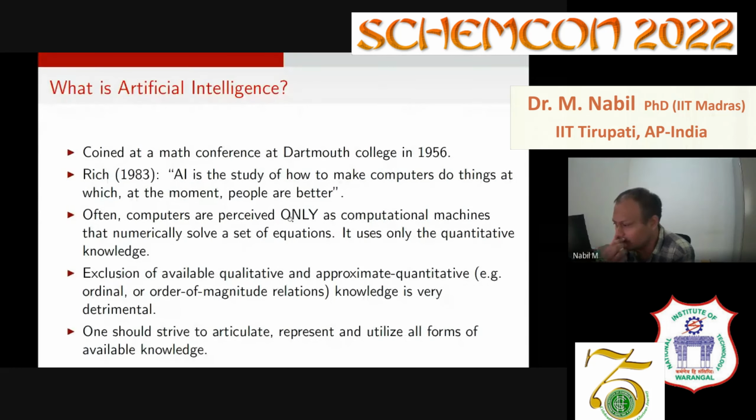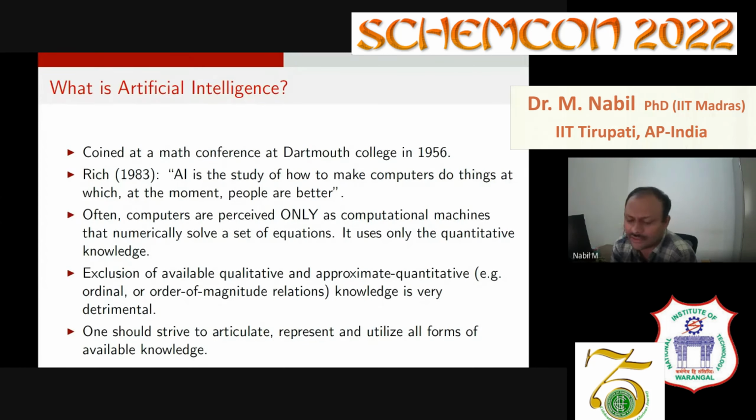Okay. So it's often perceived only as a computational tool. In other words, it uses only the quantitative knowledge, and there is no way it can accommodate the qualitative knowledge or the order of magnitude analysis that we perform in engineering in general.